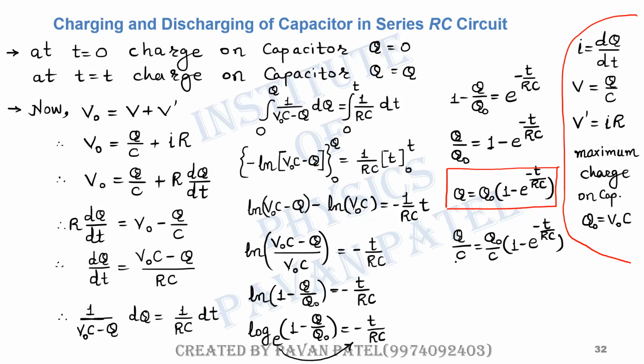So q divided by C is V, so V is equal to V0 times (1 minus e raised to minus t divided by RC). Okay, that is the formula of the potential across the capacitance.